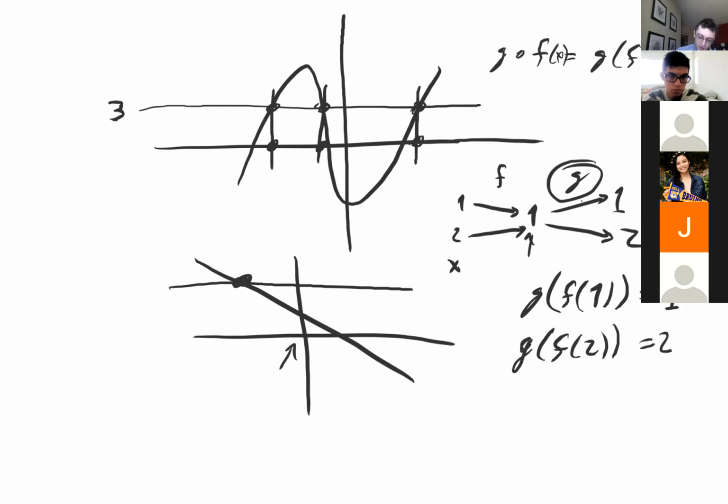So let's just make up some numbers. Say that this is -3 and this is -1 and this is 3. Then we'd have that f of -3 is equal to f of -1 is equal to f of 3, all of which are equal to 3. And that's very bad, okay, because it means that there's no inverse.